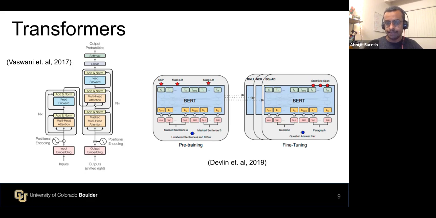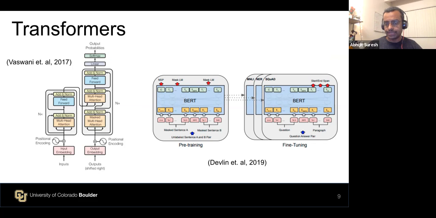In the pre-training step, they use something called a masked language model, where they mask individual tokens from the sentence and train the model to predict the masked token. Using this, they found that the model does a good job of representing the embeddings for each individual token with respect to that sentence.